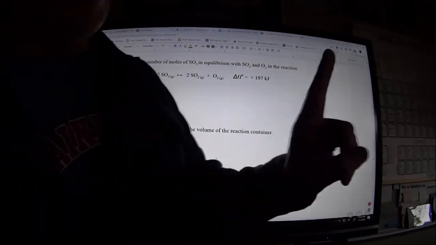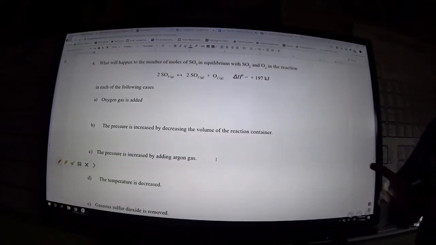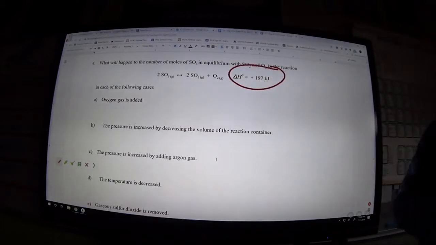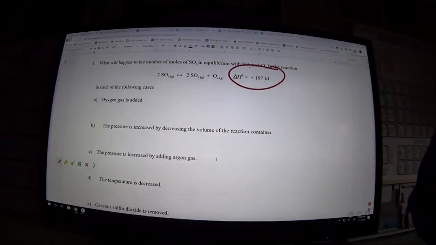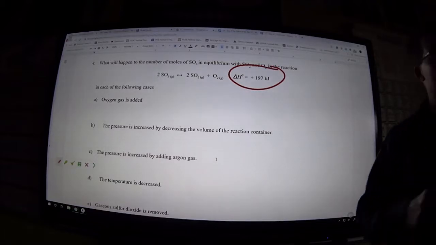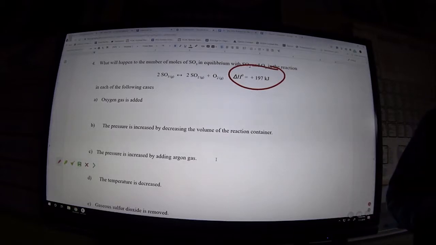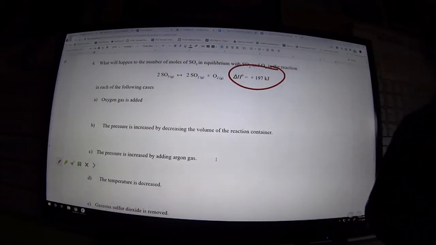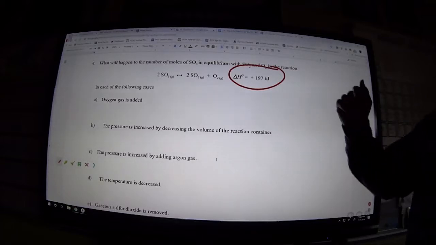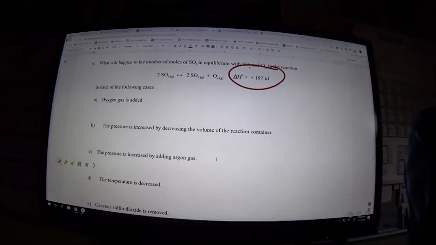But before we do that, we have to look at this equation, and there's some information given. Are we adding energy or removing energy by having the reaction occur? A reaction is either endothermic or exothermic.